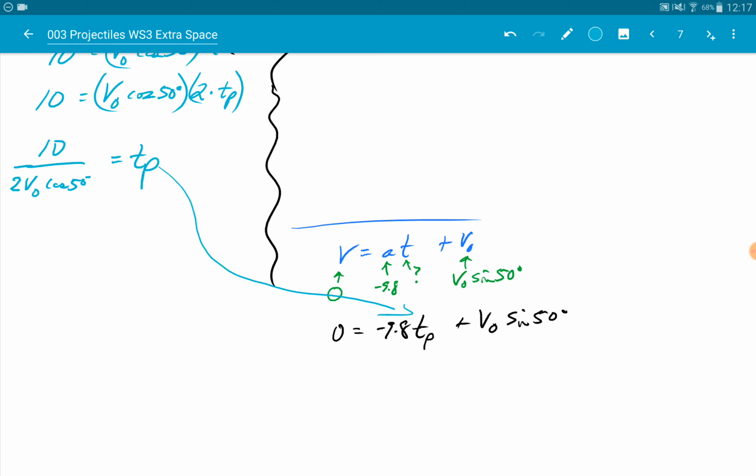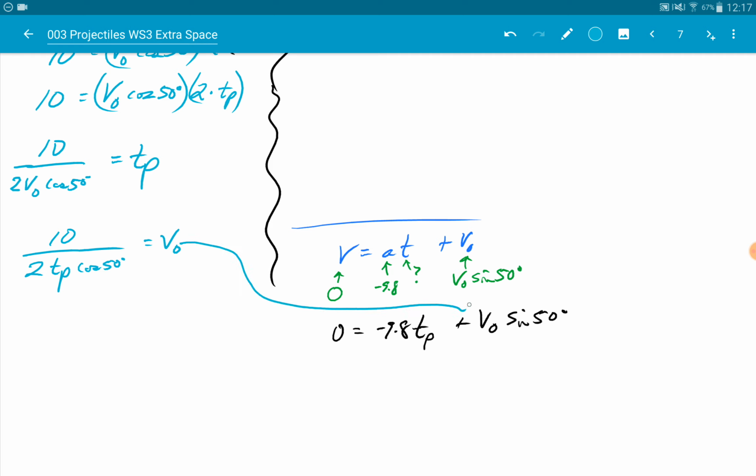But I think that's going to get a little bit messy. I've got to multiply, I've got to get common denominators, and that's looking a little bit messy there. So I'm going, okay, well, I could have easily just done it the other way and solved for v naught. Maybe that'll be nicer algebra there, and sometimes it is. Divide by 2 t_p, and then divide by the cosine of 50 degrees, and that's equal to v naught. Now I'm thinking about this and going, hey, what if I put that in there?